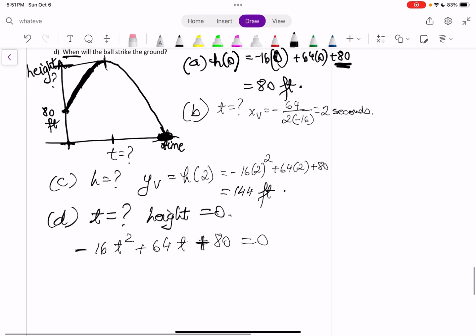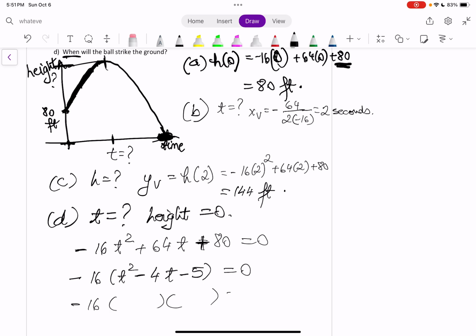So let's see if I can factor this one. I'm not so sure, but if I can, 16 might be a common factor, and that's going to be negative 16 times. And 16 goes into 80 five times, so that's actually pretty nice because we can factor this trinomial. So numbers that multiply to negative 5 and subtract to be 4 are 5 and 1.